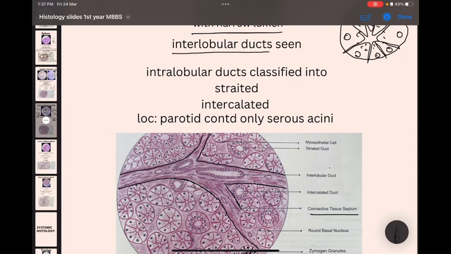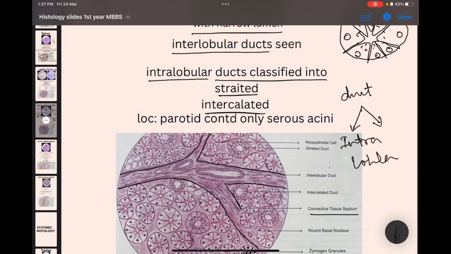Intralobular ducts are seen, and then intralobular ducts are classified again into striated and intercalated. So coming to the duct system, we have two types: intralobular and interlobular, right? Intralobular, so within the lobule.